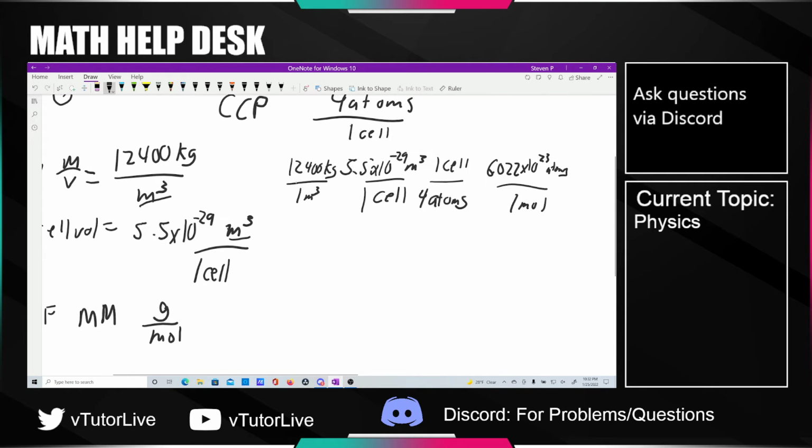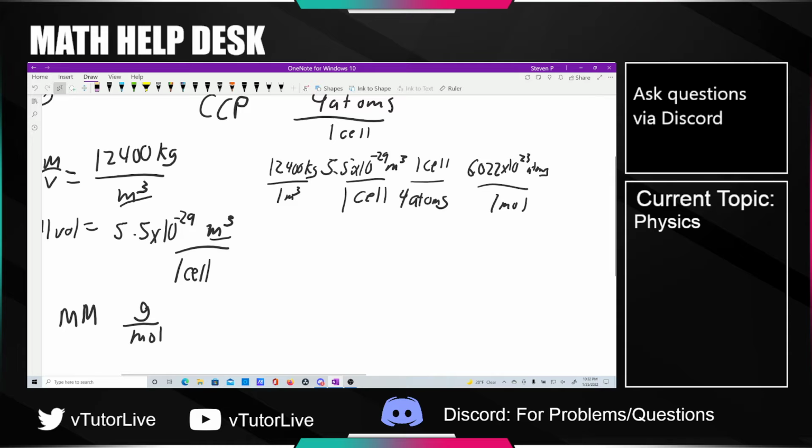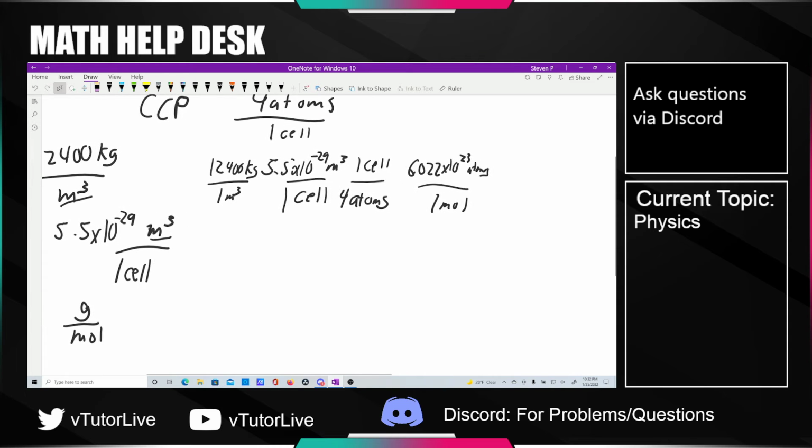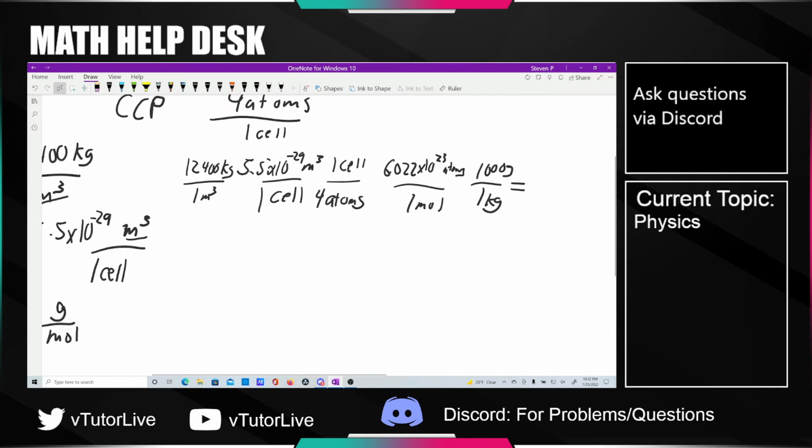And then I think you also need to convert kilograms to grams, but that's easy, that's just 1,000 grams over 1 kilogram. And whatever this ends up being should be grams per mole, right?